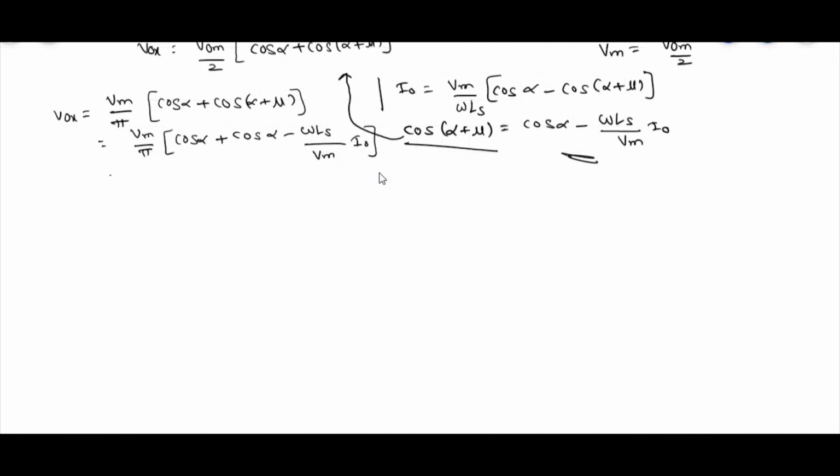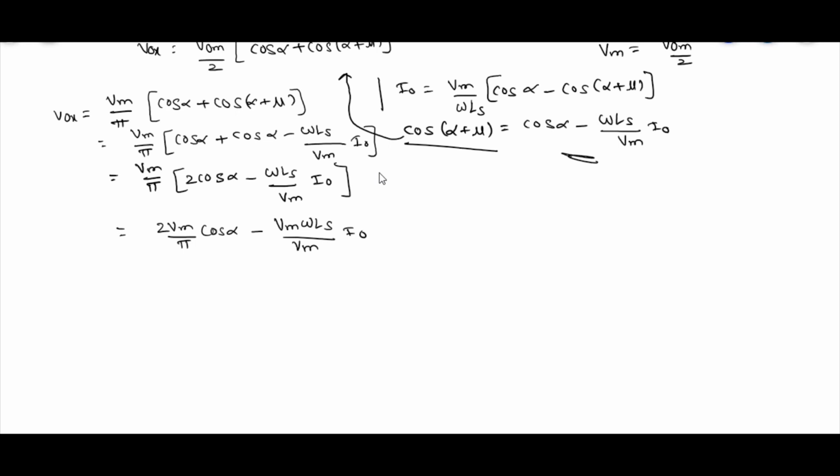So that will be equal to Vm by pi, 2 cos alpha minus omega Ls by Vm into I naught. So that will be equal to 2 Vm by pi cos alpha minus Vm omega Ls by Vm into I naught.